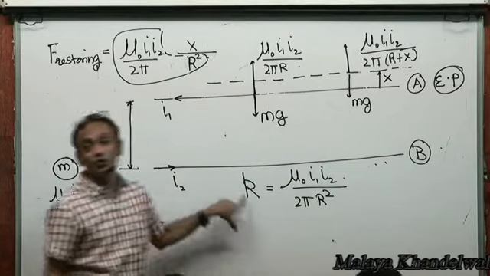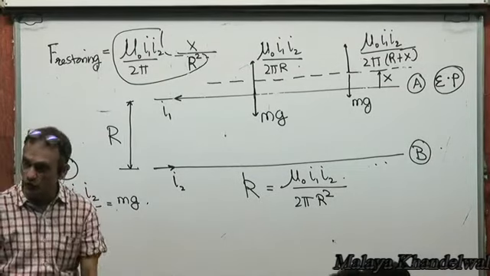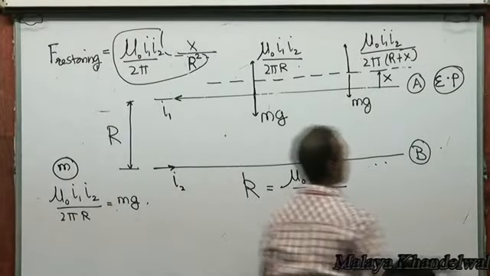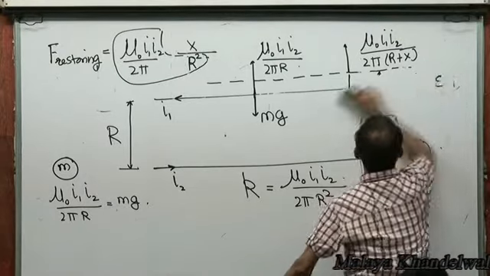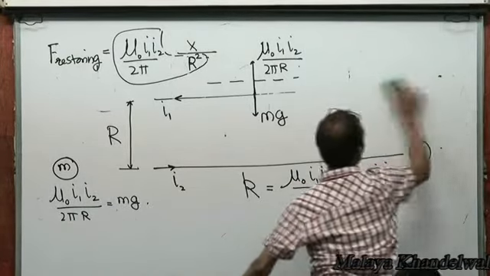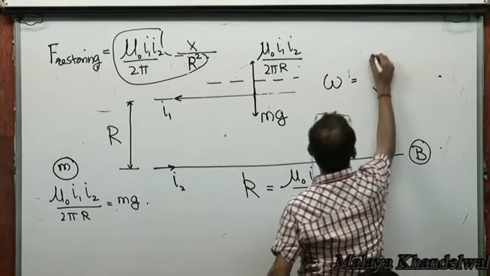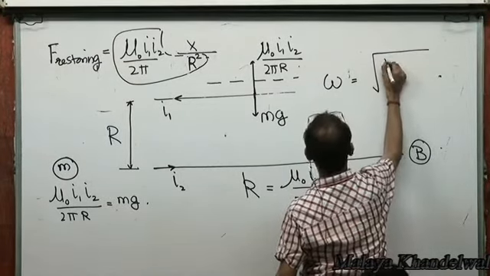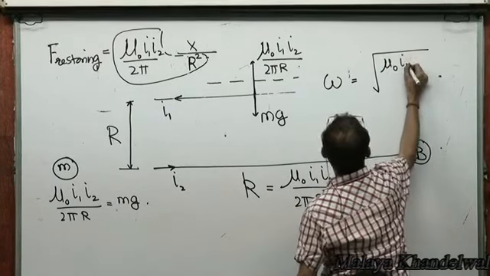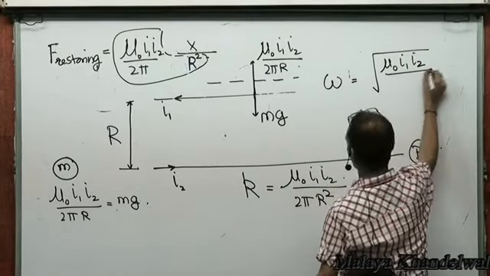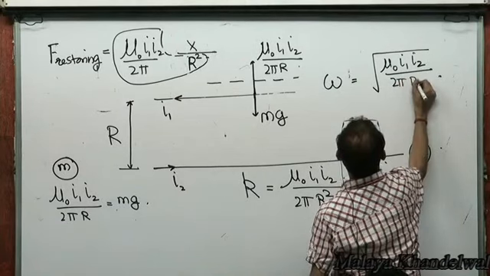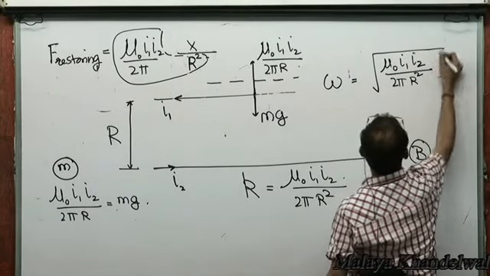The omega would be root k by m. Angular frequency is going to be root k by m, which is mu naught I1 I2 by 2 pi r squared into m.